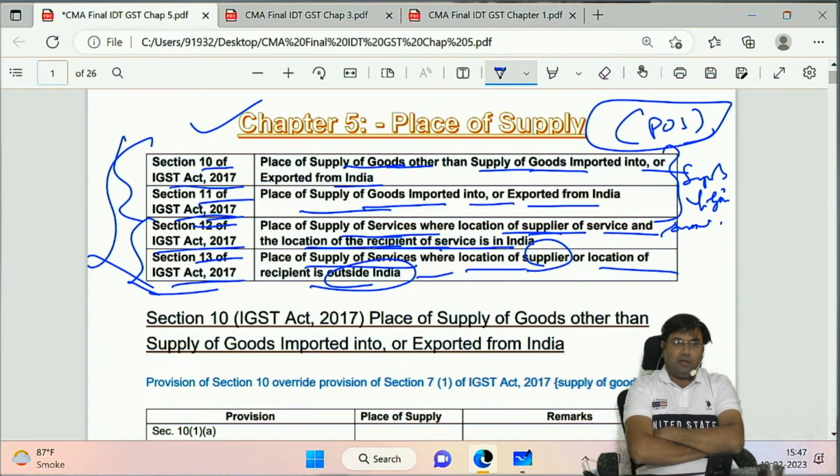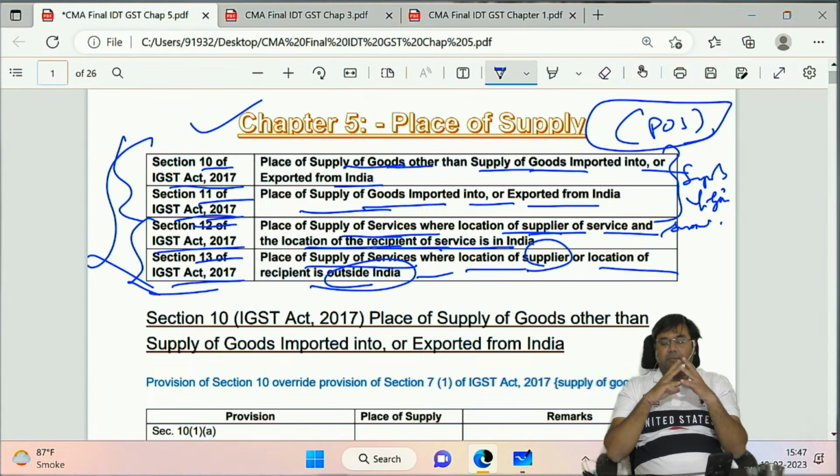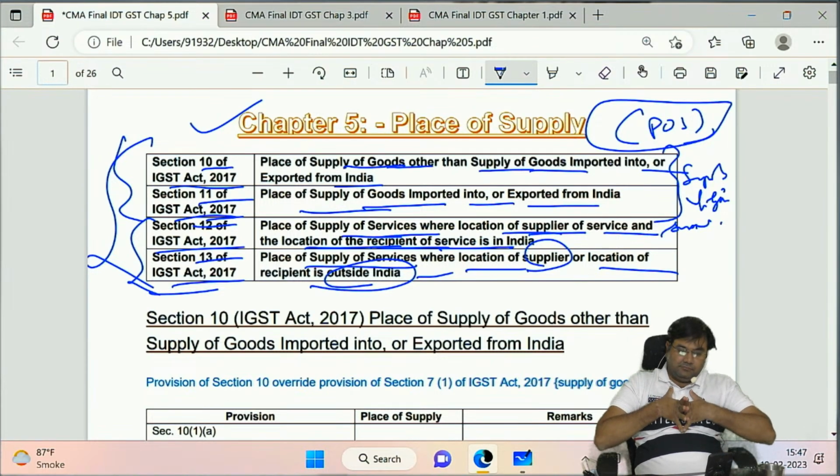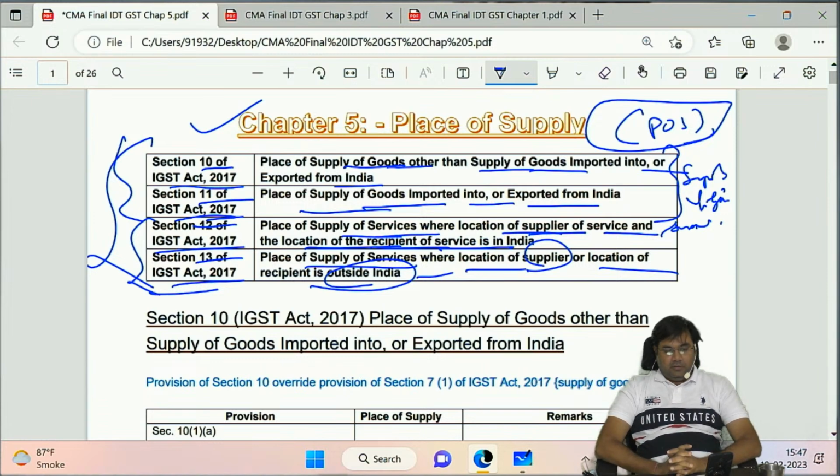Okay, so first I got the answer, location of supply of goods, place where goods are stored. Okay, this is the definition given in the act. Anyone again? What is the definition given in the act for location of the supplier of goods and location of the recipient of goods?